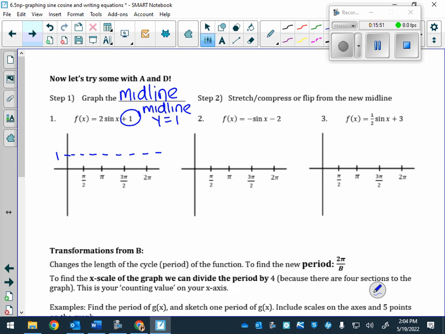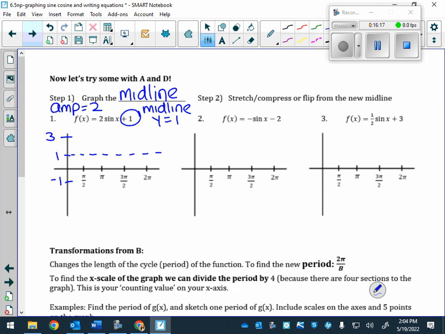What is our amplitude? 2. So from your midline, you count 2 above and 2 below. So 1 plus 2 is 3. 1 minus 2 is -1.